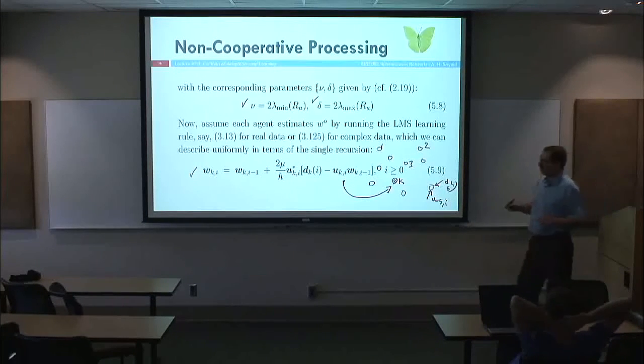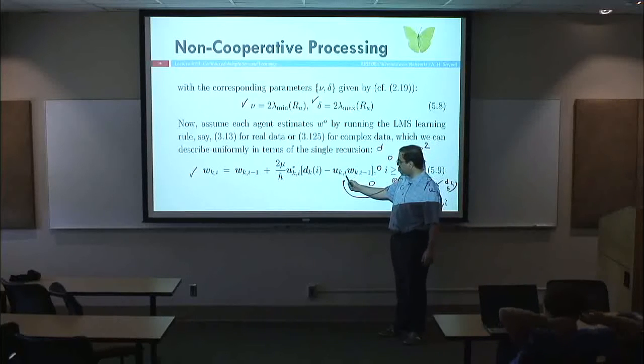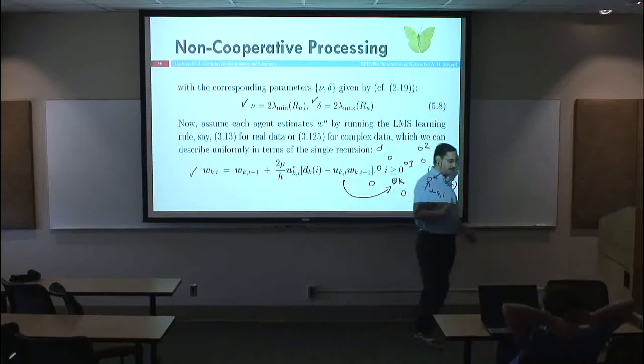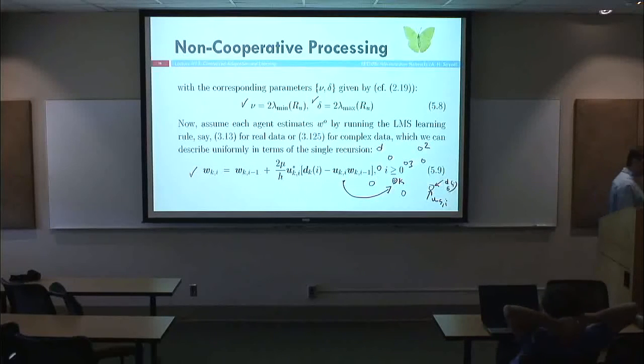U is a vector, so I use a subscript to index time, and D is a scalar, so I use parentheses to index time. This is my convention. Very good.